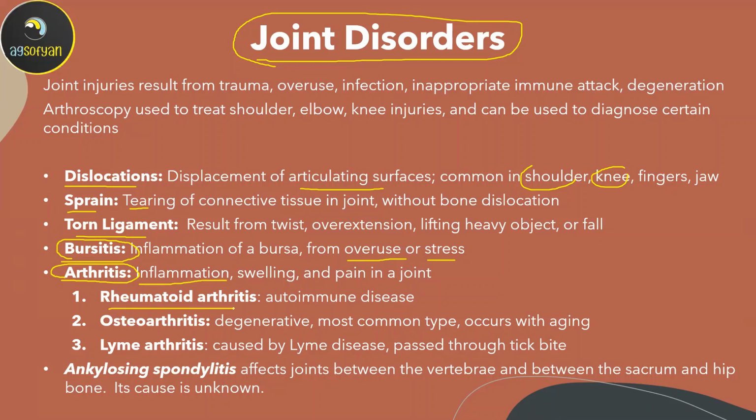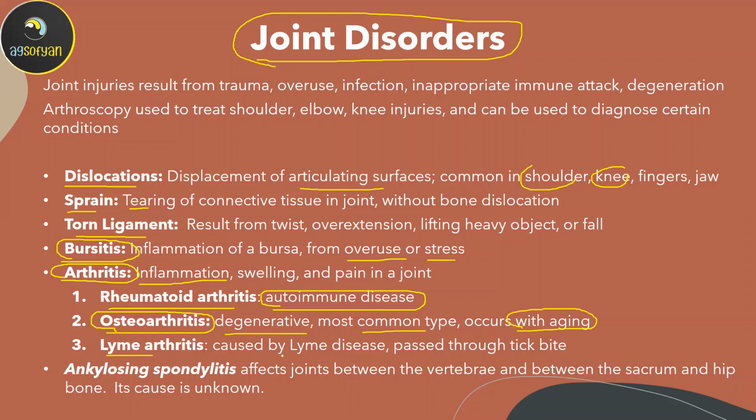Rheumatoid arthritis is due to antibodies that actually attack our own joint cells, so this is what we call an autoimmune disease. Osteoarthritis usually happens in older age, which is the degenerative joint problem. This is the most common type as people age.